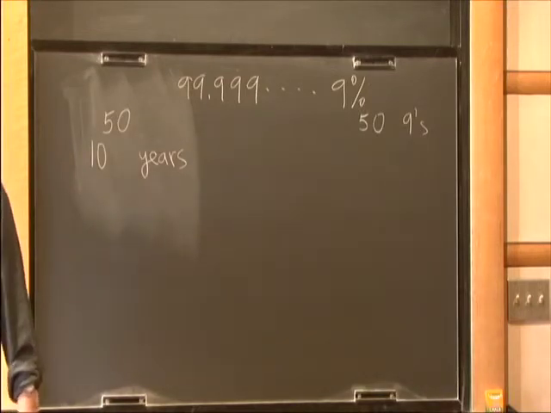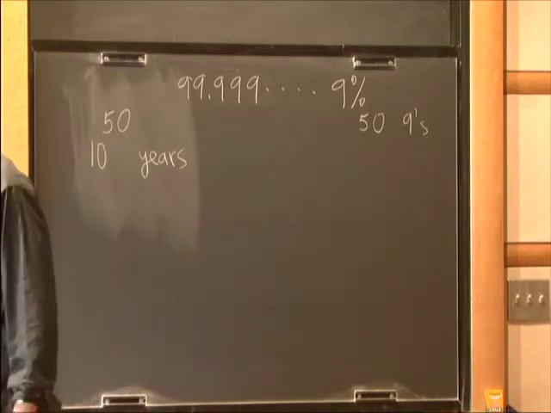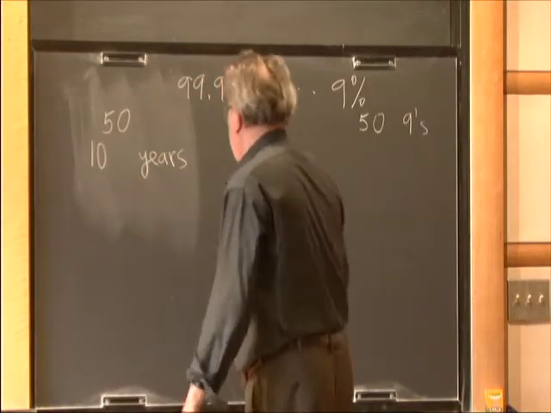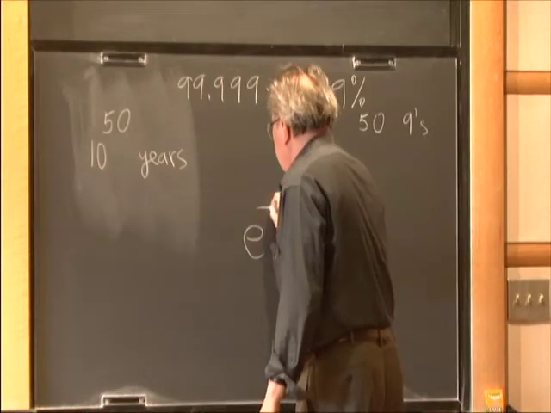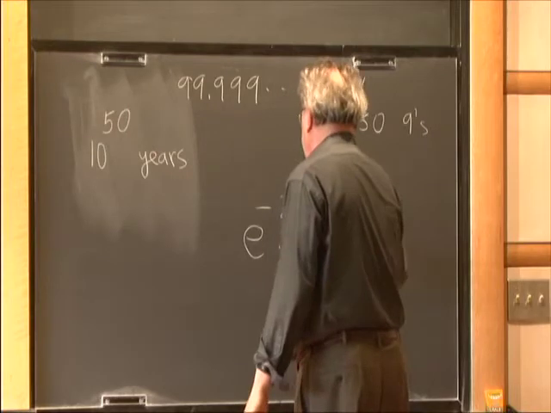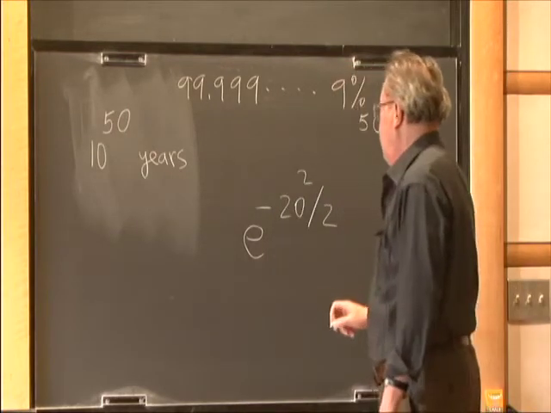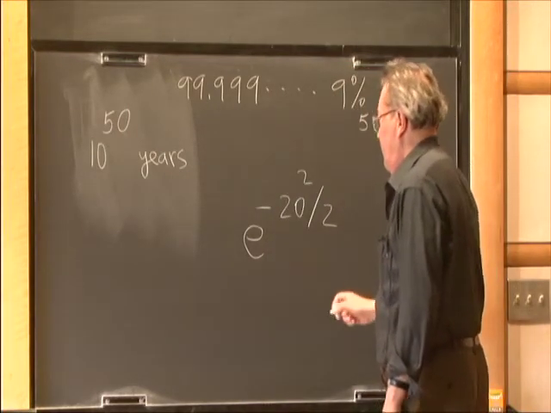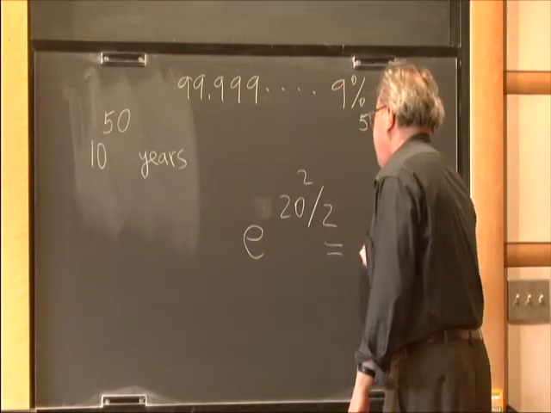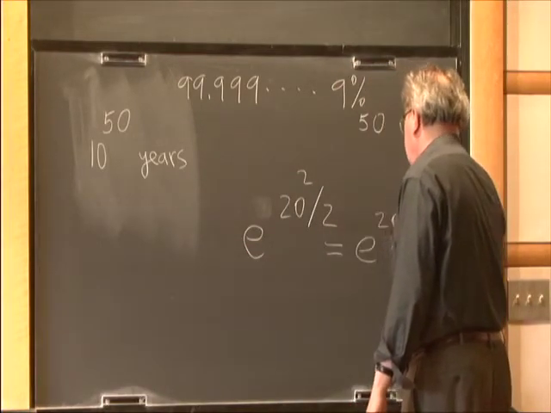This is like n squared. What is this number? As a factor of n, this is e to the 20 squared over 2, which is e to the 200.